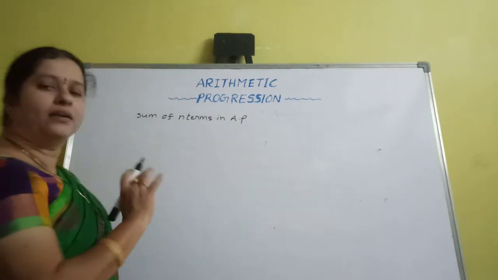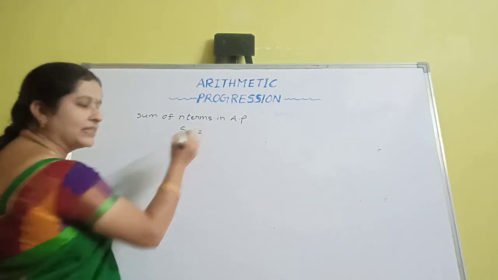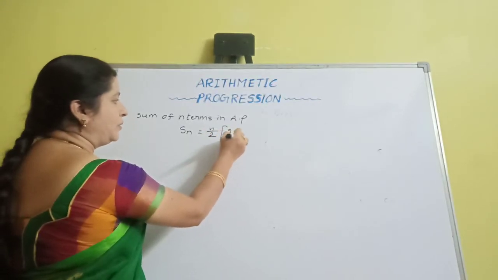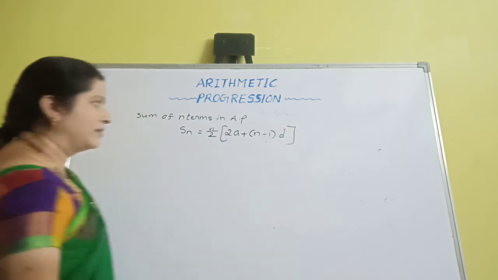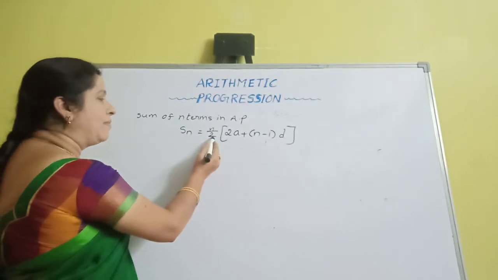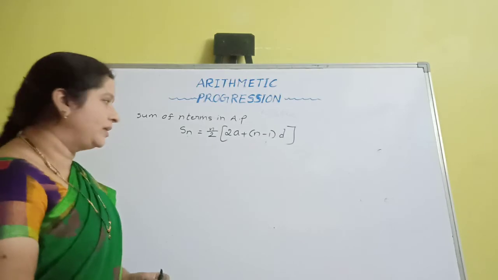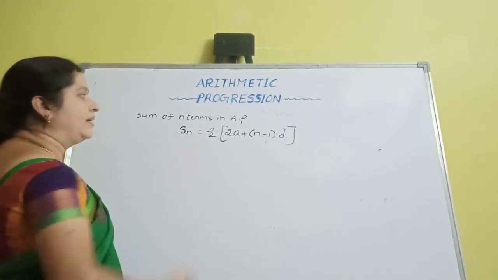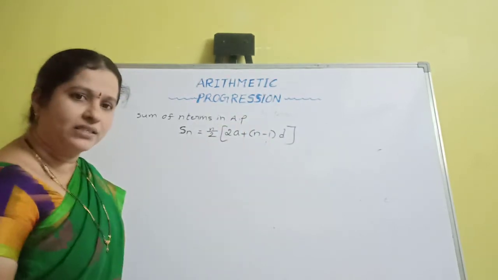What is the sum of n terms in AP? Sn equal to n by 2 into 2a plus n minus 1 into d. It is also a very easy formula. So S means here sum of n terms.